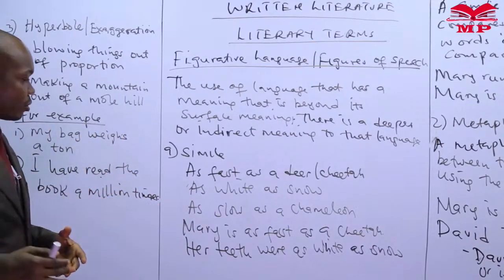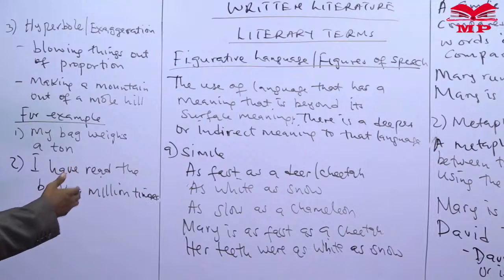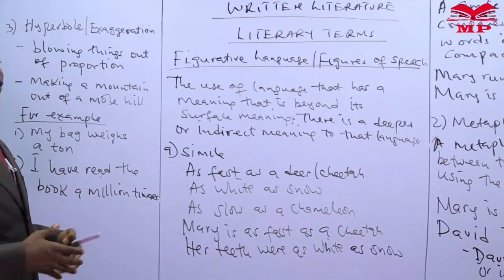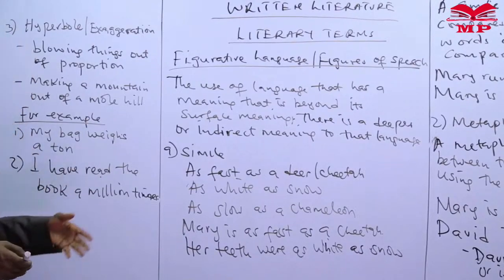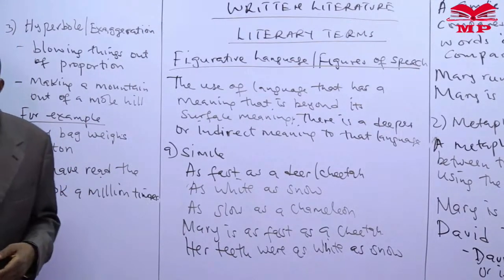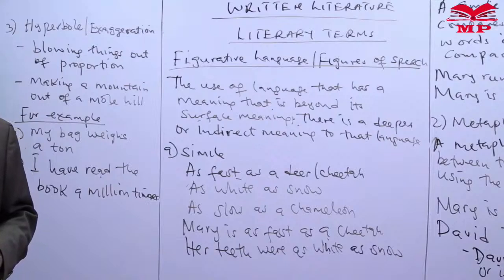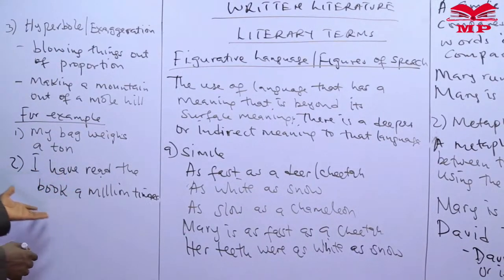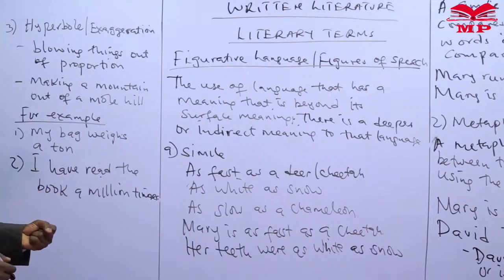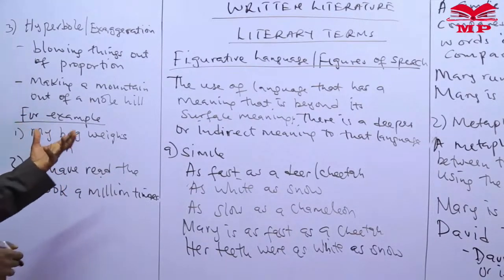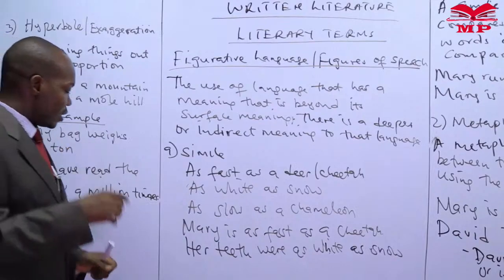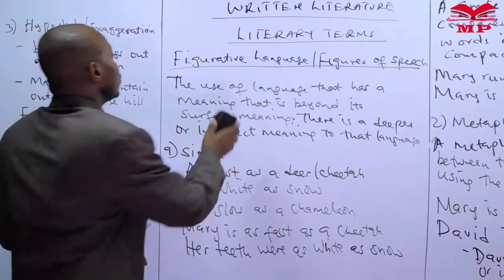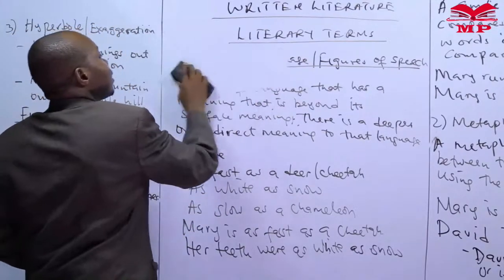So to exaggerate or to make this point, you can say, I've read the book 1,000,000 times. Okay? So we call this hyperbole or exaggeration. It's a very common figure of speech that's used especially in prose, in narrative, to make the story sweeter or appealing to the reader.